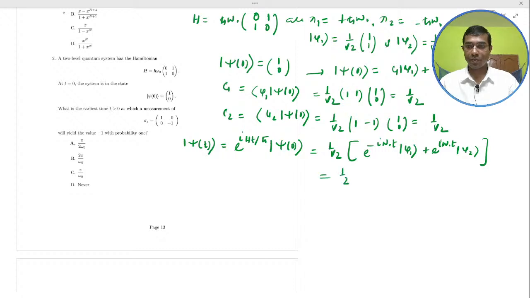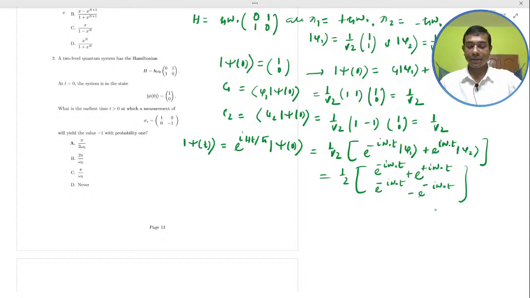This will become 1 by 2 times (exponential minus i omega naught t plus exponential plus i omega naught t, exponential minus i omega naught t minus exponential plus i omega naught t).